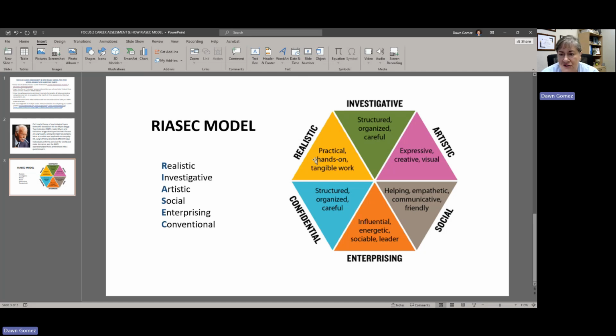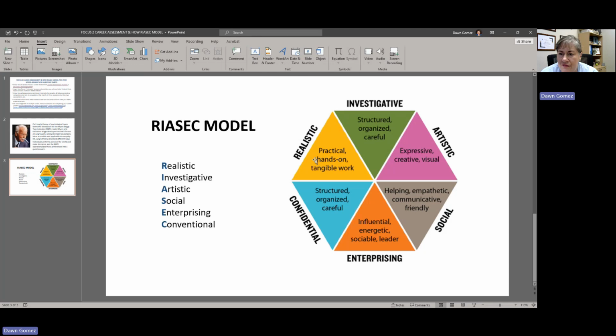The third cluster, artistic, is called the performers. These people are creative, expressive, very visual. They may have intuitional ability, and they really have a very high need for independence. They like to structure their own schedules and their own work.